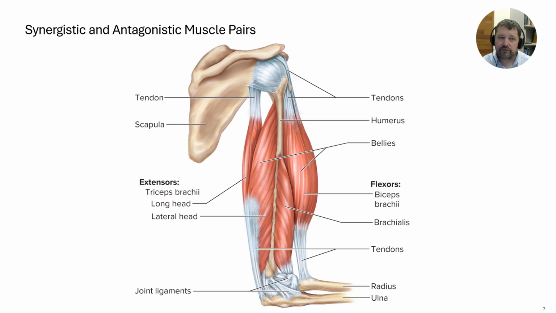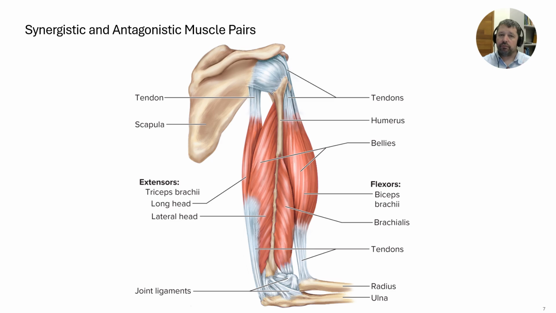Now, again, back to the synergistic or antagonistic muscle pairs. Remember that muscles are going to be in line with each other, so you're going to have a flexor and an extensor. So when the flexor is contracting, the extensor is relaxing, and vice versa.